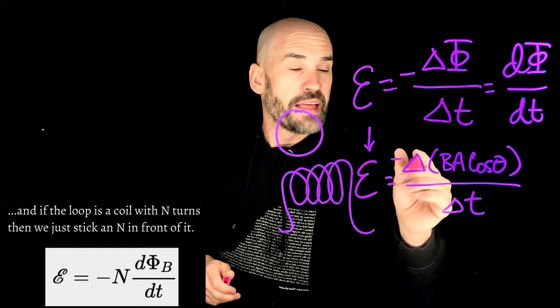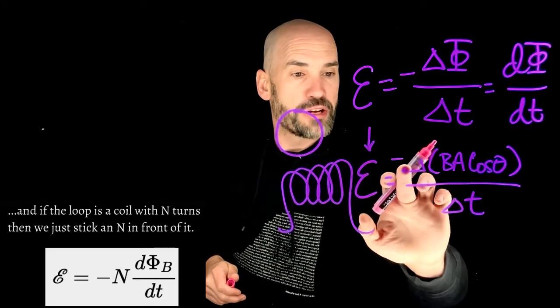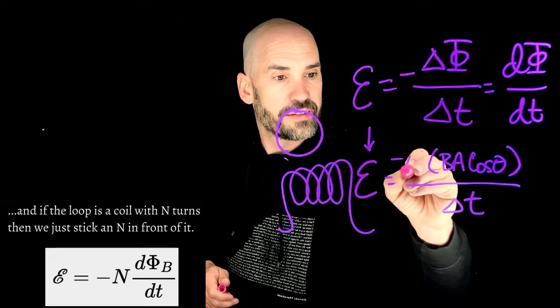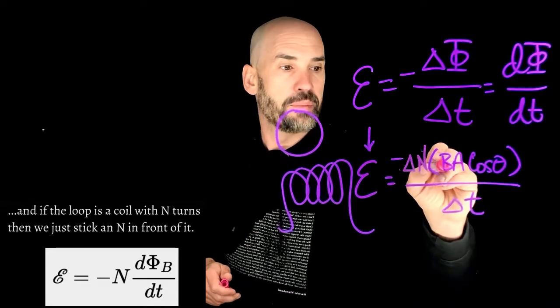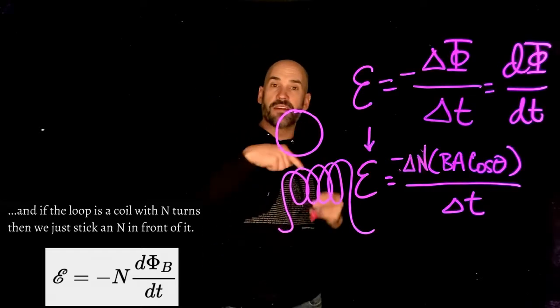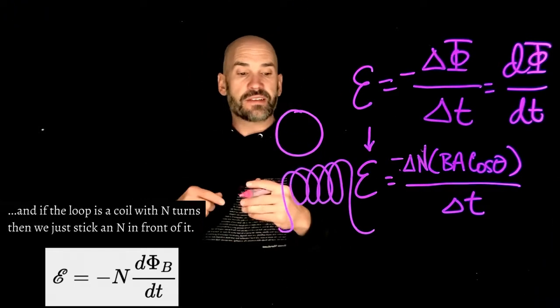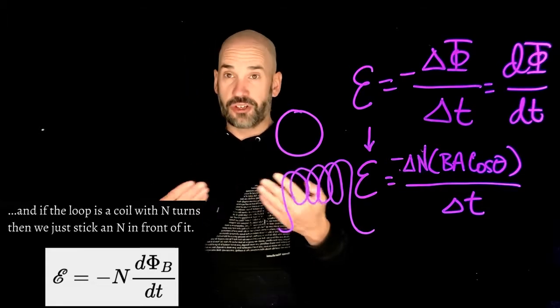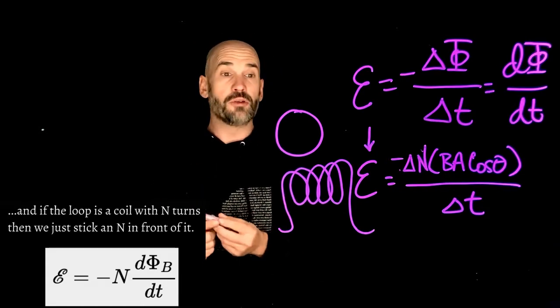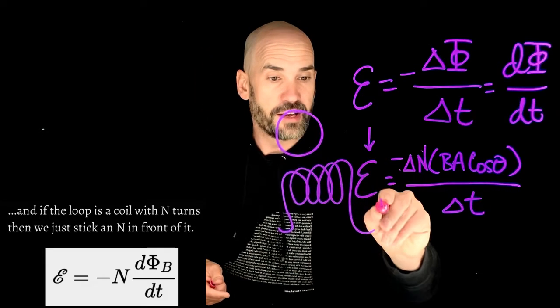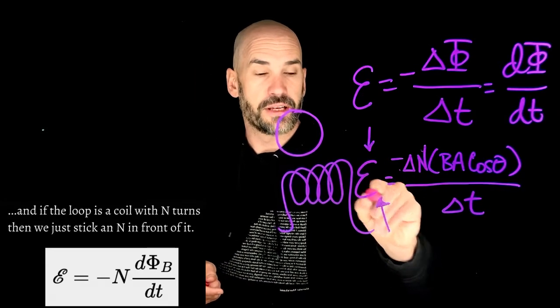So in other words, that means that the true equation for this induced EMF is delta NBA cosine theta, where N is the number of turns in the loop, all right? So for example, in these coils for generators in power plants, you actually have many, many loops in these coils so that you actually get a nice, strong, solid induced EMF.